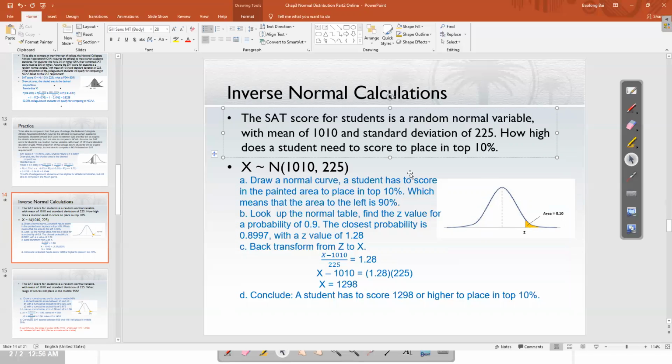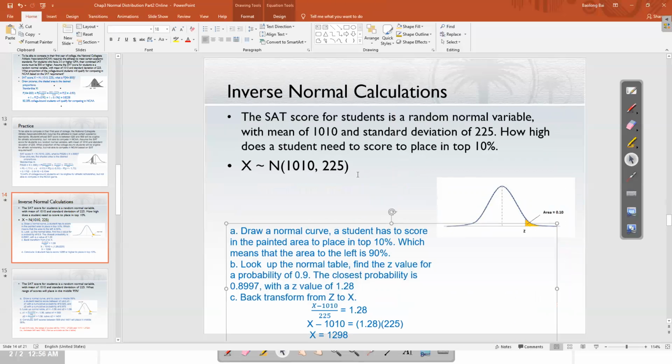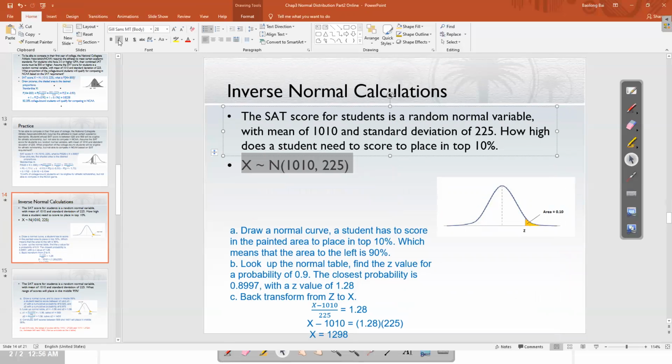Right? So then basically, we need to find a value as a score so that as long as you score higher than that score, you will be placed in the top 10%, right?